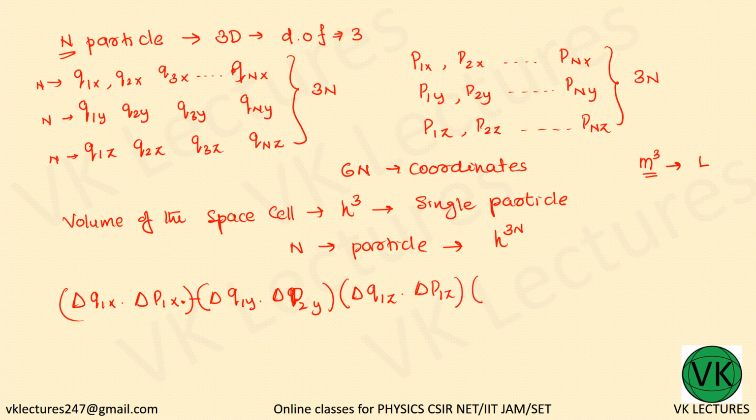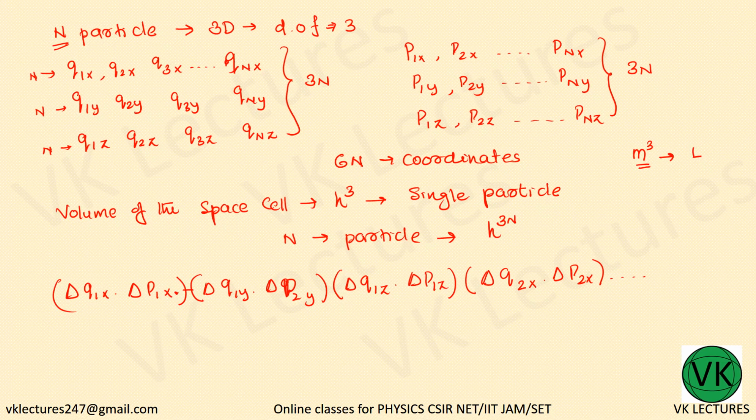Here now you have these three, then delta q2x into delta p2x, and it goes on. The first three give h cube. The multiplication goes on for n times because you have n particles.